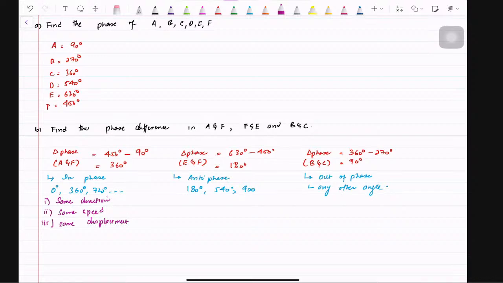When 2 points are anti-phase to each other, they have opposite directions. They have opposite velocity.